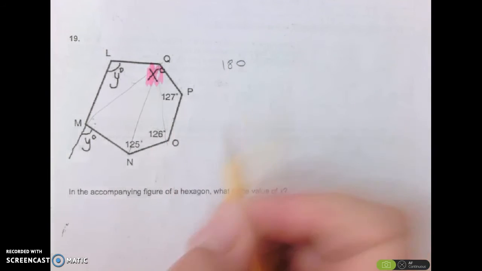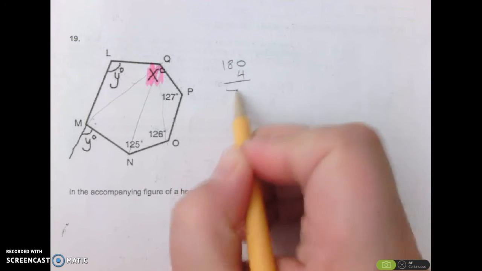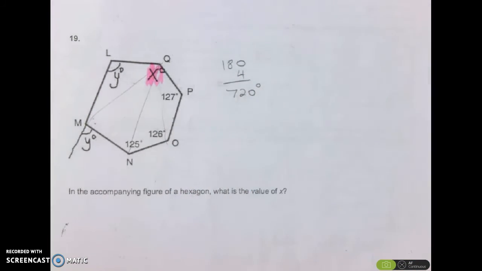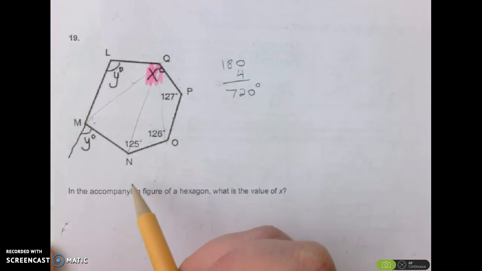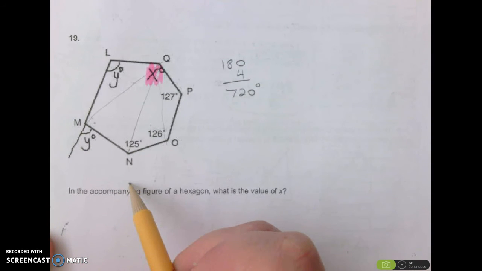So 180 degrees times 4 triangles gives me the total interior angles of a hexagon, 720 degrees. You might have used the formula 180 times n minus 2, same thing. So the total number of degrees in a hexagon is 720.